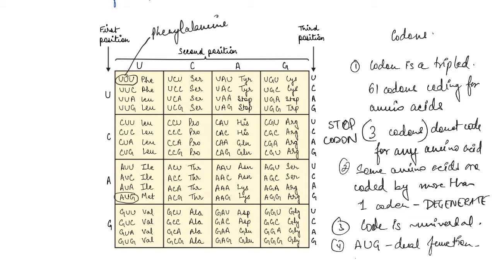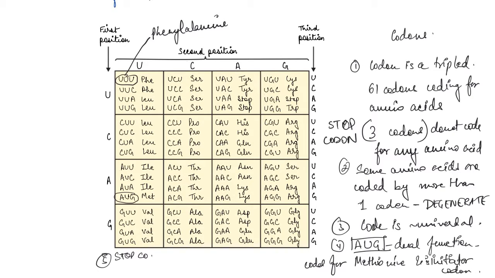It codes for methionine and it is also an initiator codon. AUG has dual function. It codes for methionine and is the initiator codon. Remember, right? Now, fifth is: what are the three stop codons?